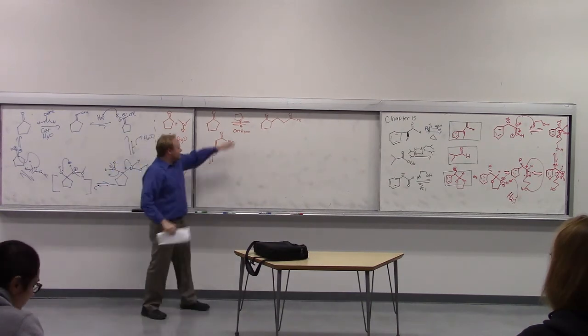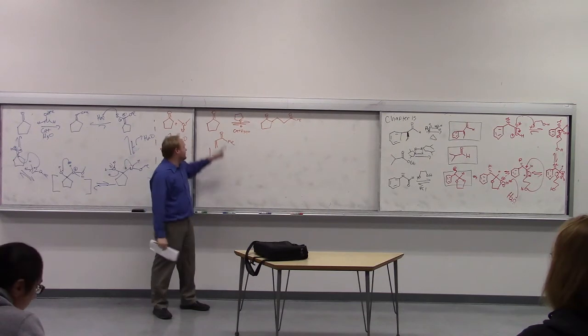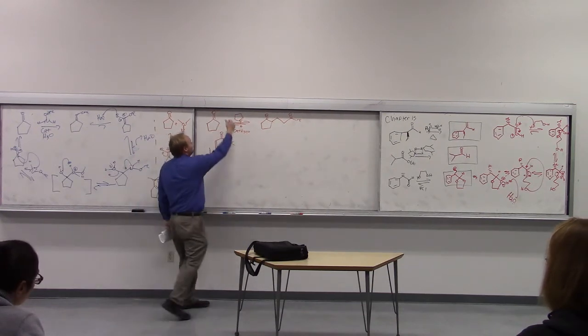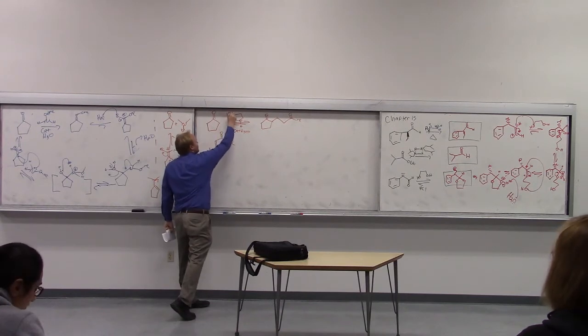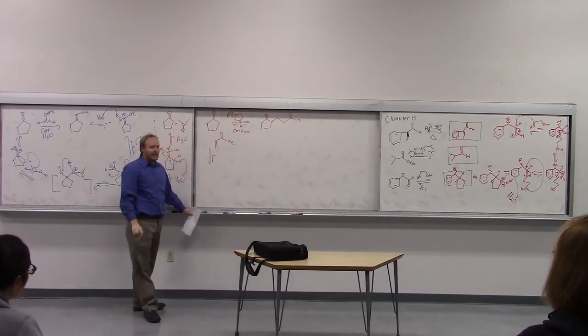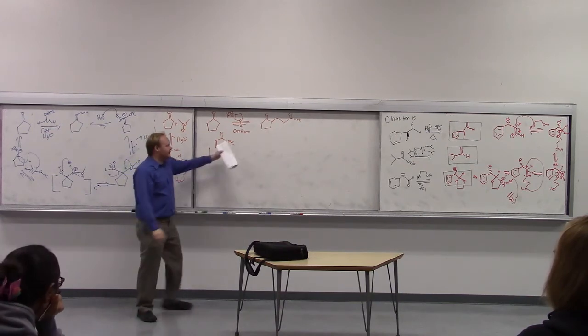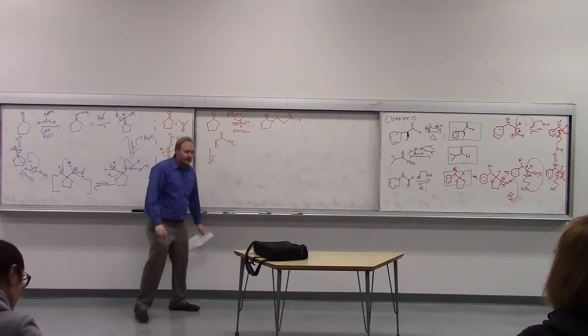This amine is not nearly basic enough to deprotonate this, but furthermore, just to make it even more interesting, you can do this chemistry with catalytic amine and catalytic acid. So only like 10% amine or even 5% amine would still catalyze this reaction. And so how would you do that?